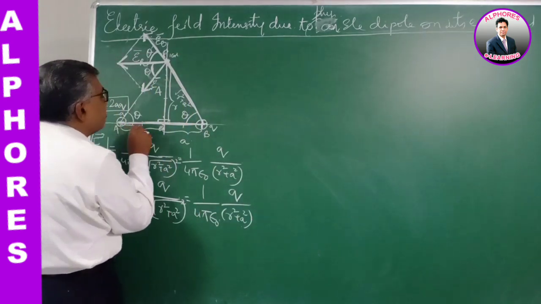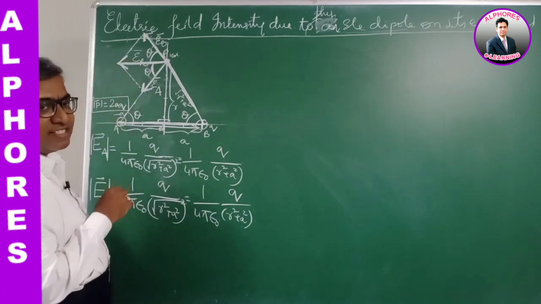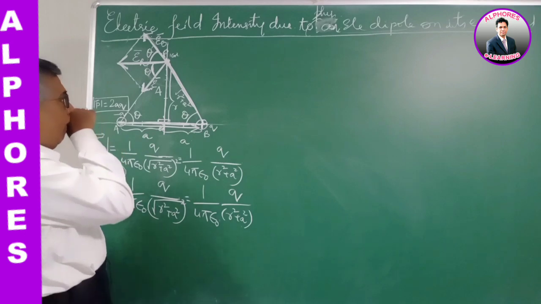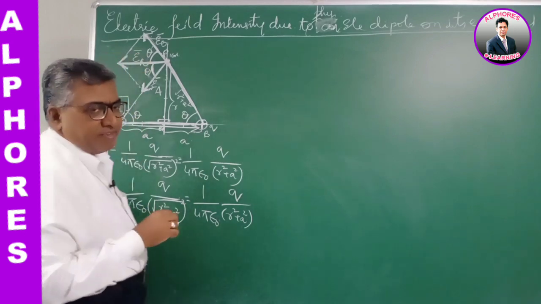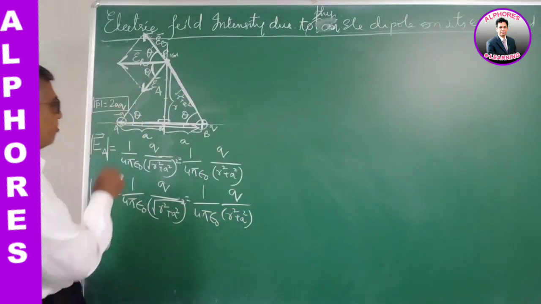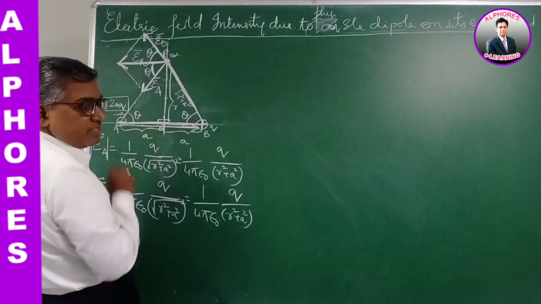Our electric dipole moment will be in this direction. But here the resultant electric field intensity is opposite to the dipole moment. Please note this part. The direction of the electric field strength will be opposite to the direction of the electric dipole moment.